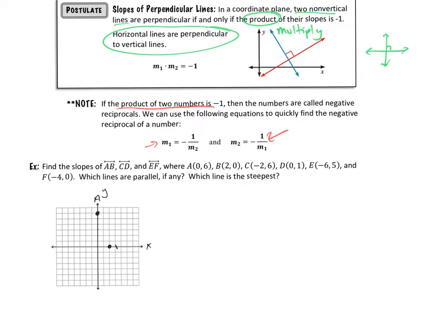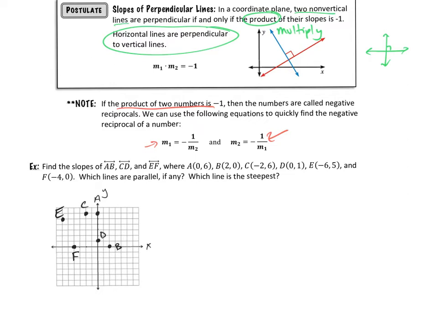C is (-2, 6), so -2 and then up 6. D is at (0, 1). E is at (-6, 5). And F is at (-4, 0). So that's our first step, to plot the points.